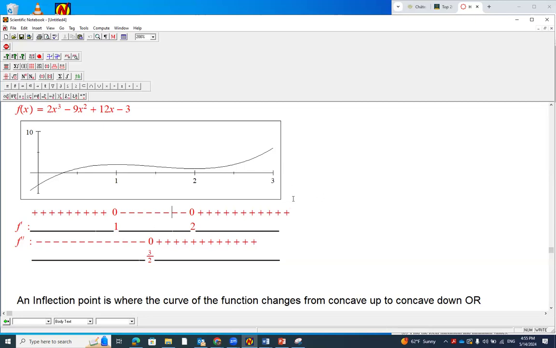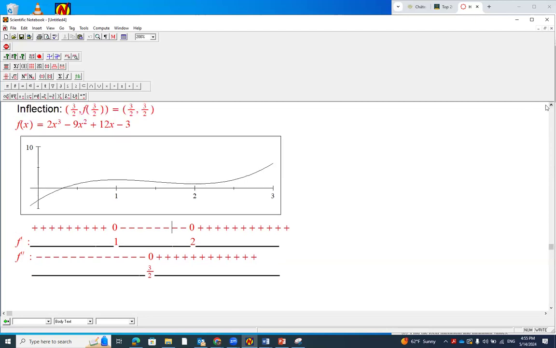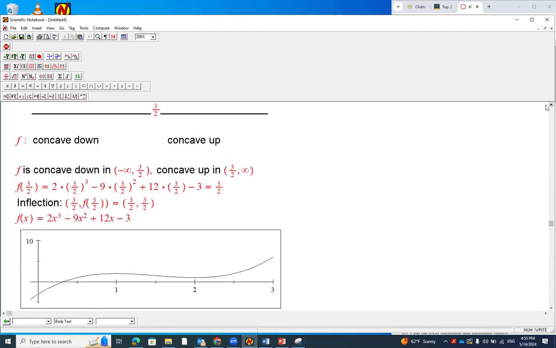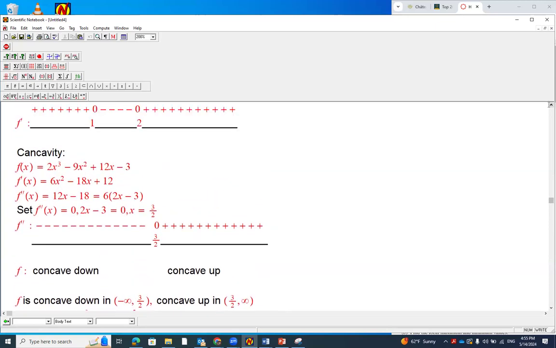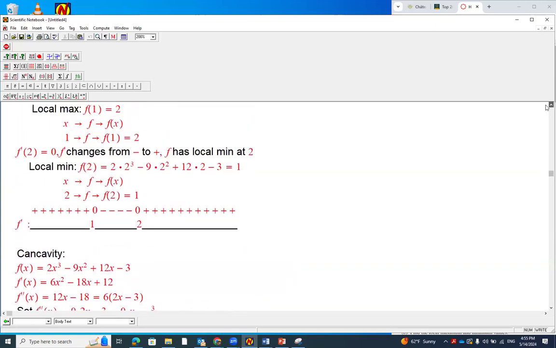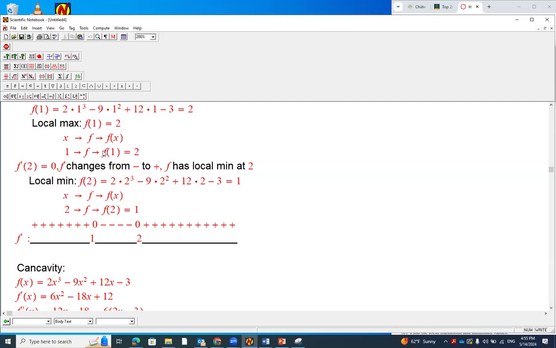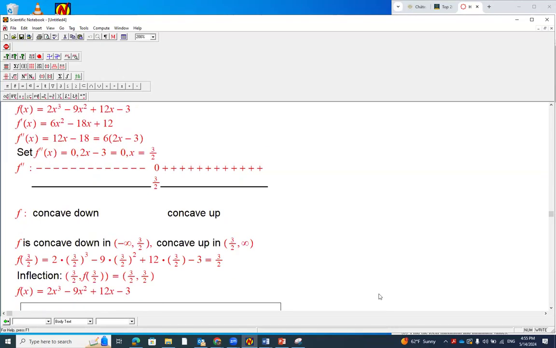3/2. Now I'm going to put all the points in place. I'm going to put a point at 1, the local max, local min, right? Because we found those local max, local min. So this is local max, right?